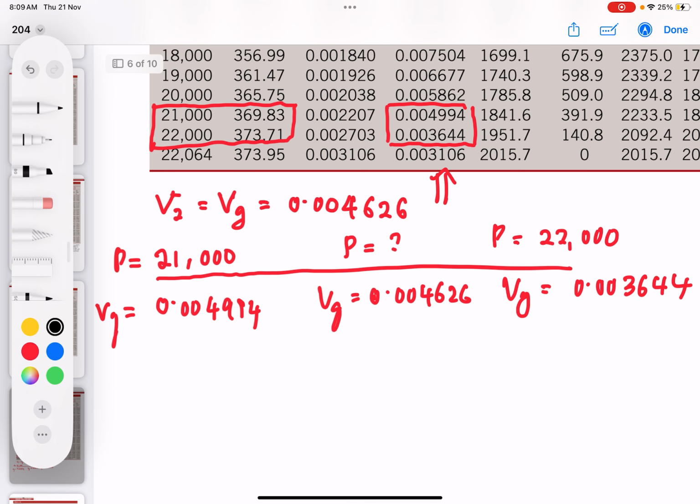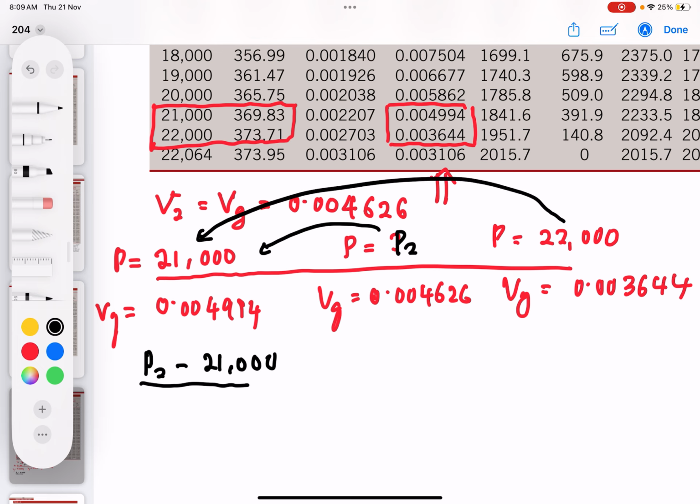So let's say the value of P here is, let's put it as P2. So now I just use P2 minus 21,000 divided by this one minus this one. So it's going to be 22,000 minus 21,000 equals to, because at the top here I just minus here, therefore I have to minus this one.